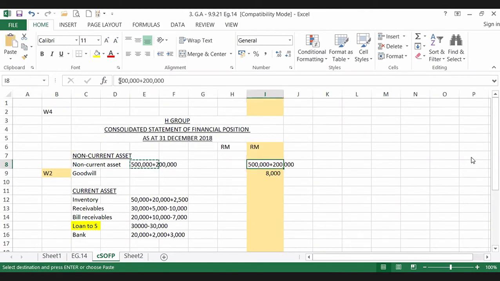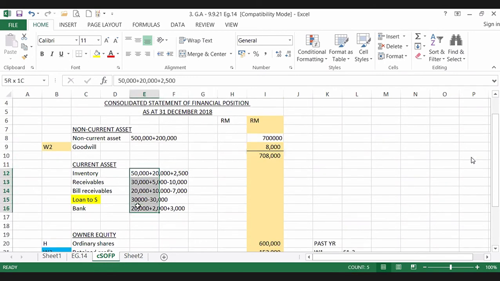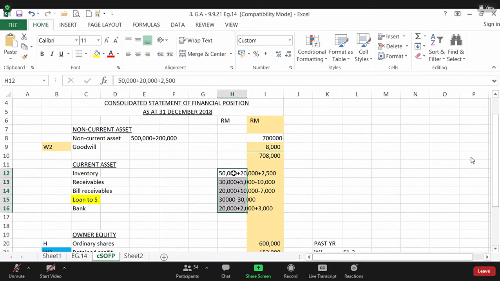So close as usual. Total, so you got 708. This one we also have to total up.